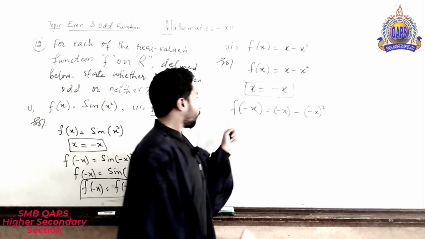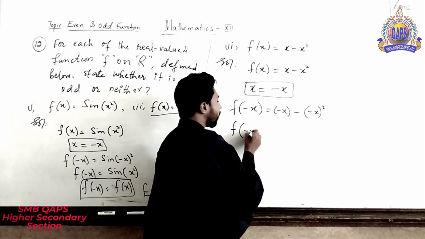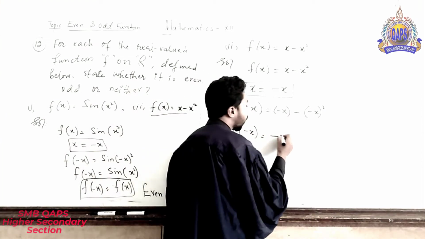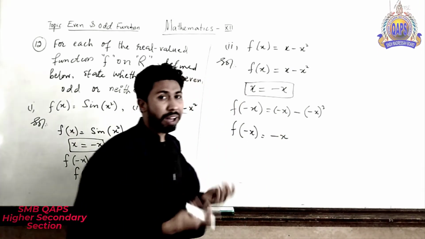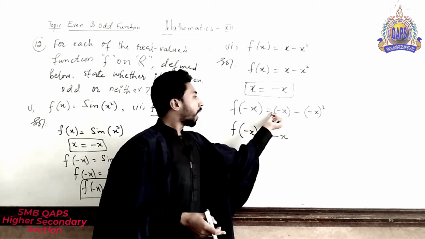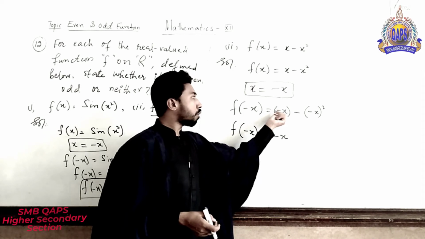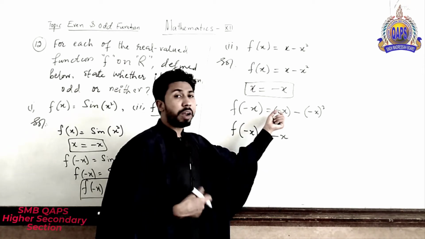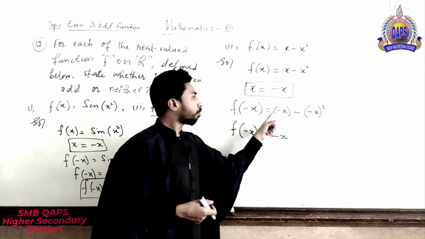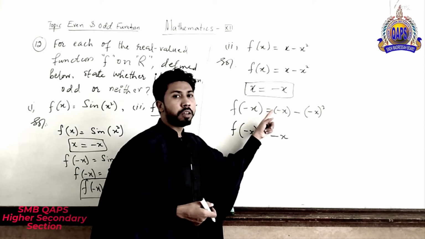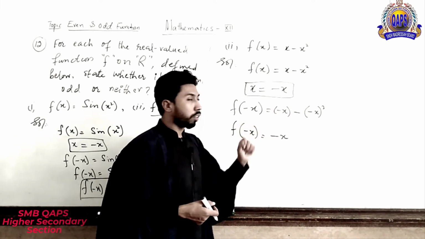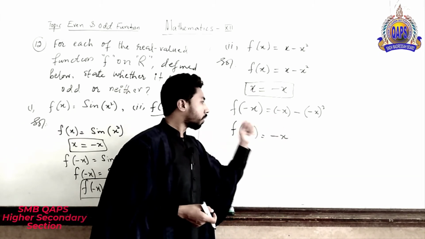When we solve this function, f of minus x is equal to minus x, because there is no power, so no negative multiplied by negative applies there. So the negative sign stays the same here.